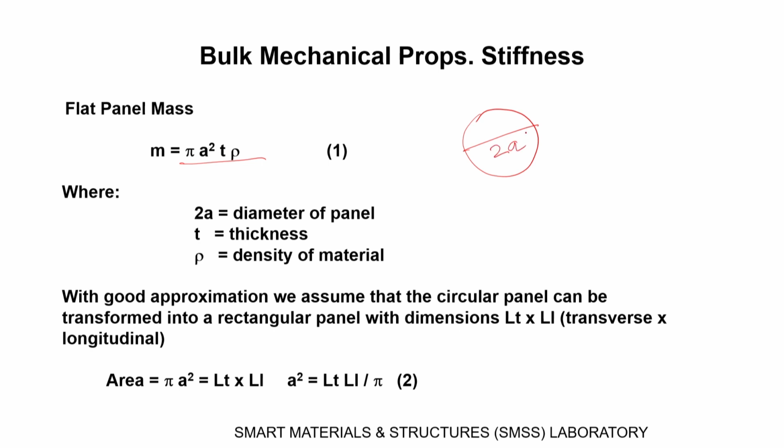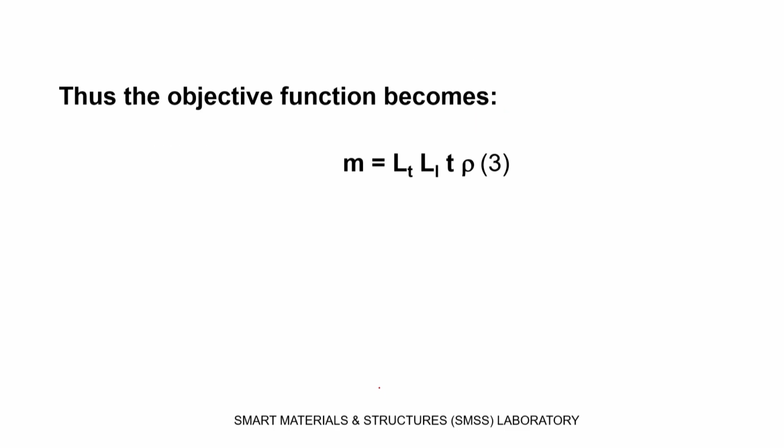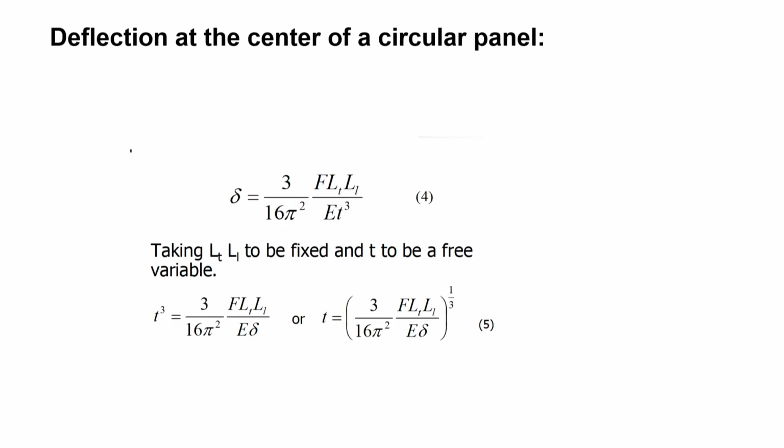Now, through some manufacturing process, we can also get these in terms of the width and the length of the panel, like LL and LT. So, this is the transverse and the longitudinal geometric shape of the panel. So, you can write the area in the same manner, and then you can get the mass which we have already discussed.